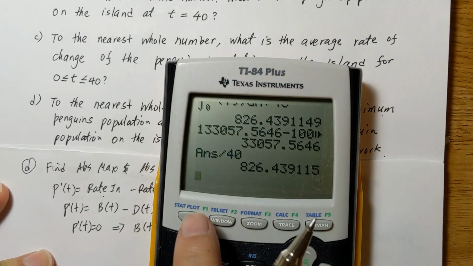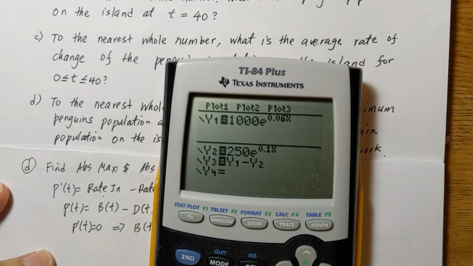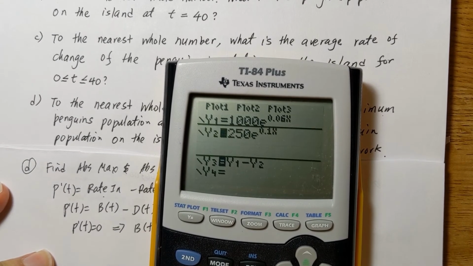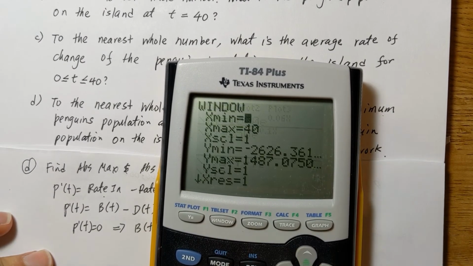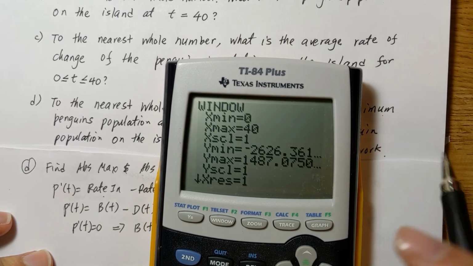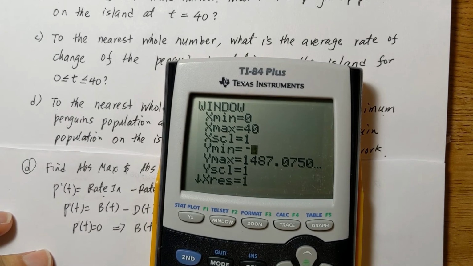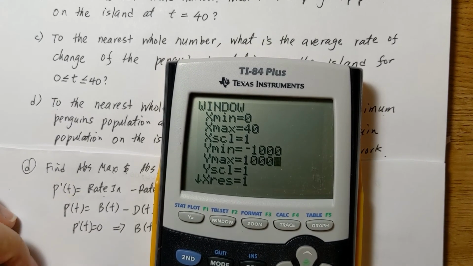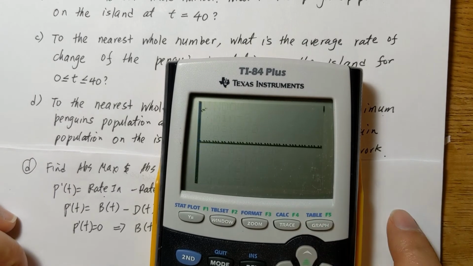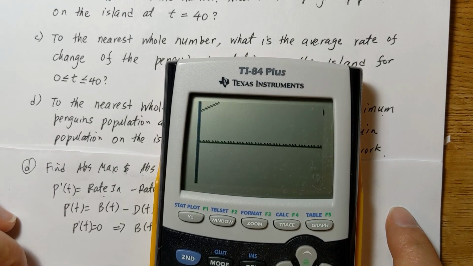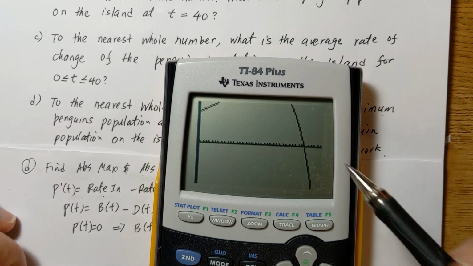So now we go back over here. Let's unhighlight the y1 and the y2. And the window, we're going to make it 0 to 40. The number is kind of big, so let's make it negative 1,000 to 1,000. Okay, so we're going to graph. It looks like there's only one critical value.